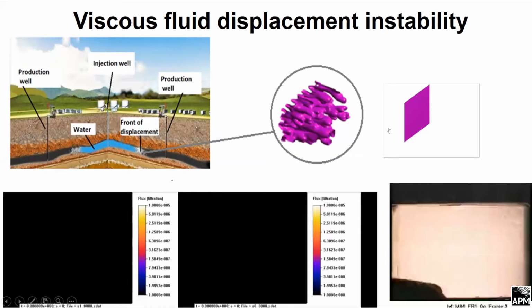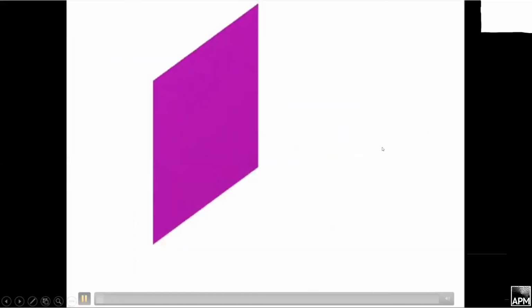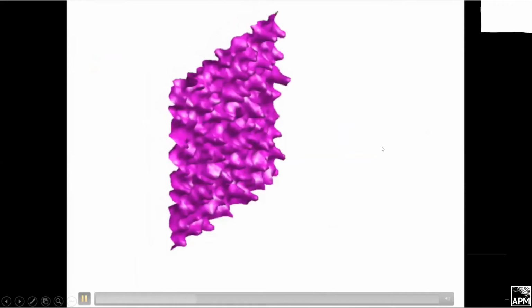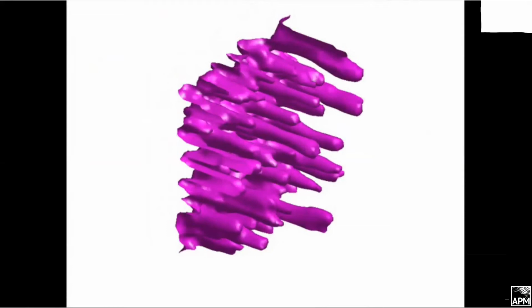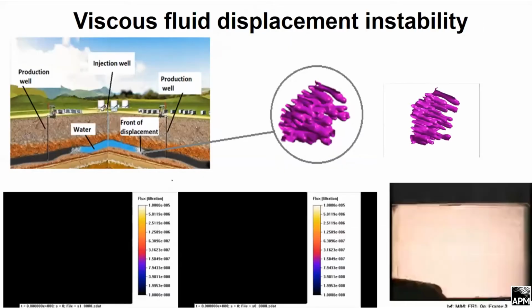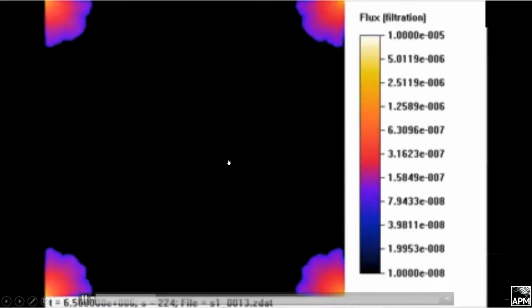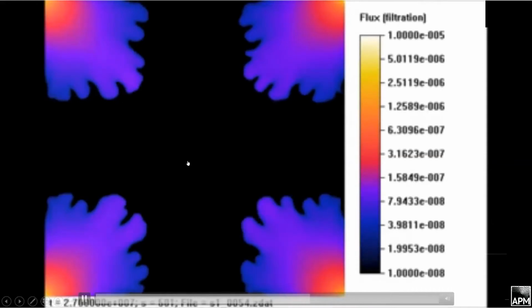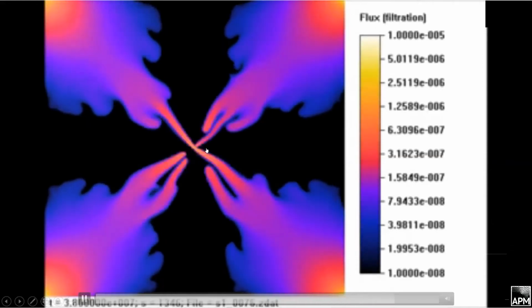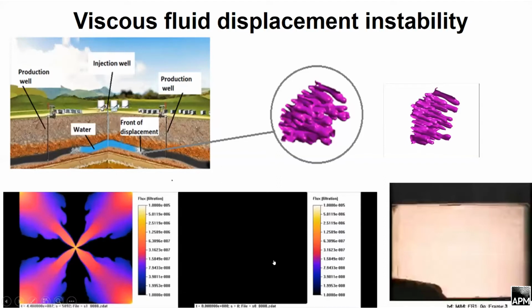In this slide, you can see some videos with our numerical simulation. This one is a three-dimensional numerical simulation of the displacement process. Here you can see two-dimensional simulation. In the corners there are injection wells, and in the center of the area there is a production well.